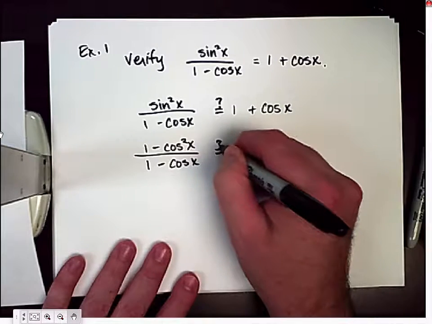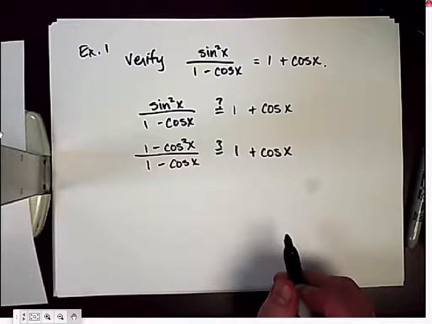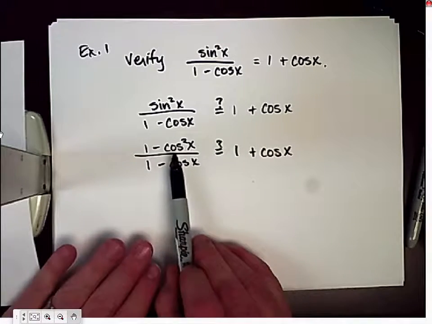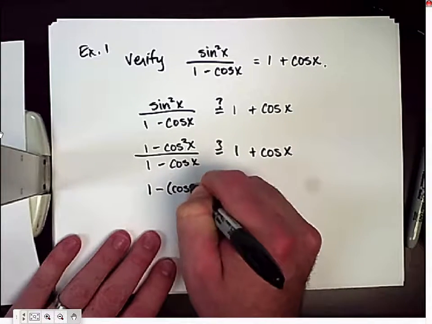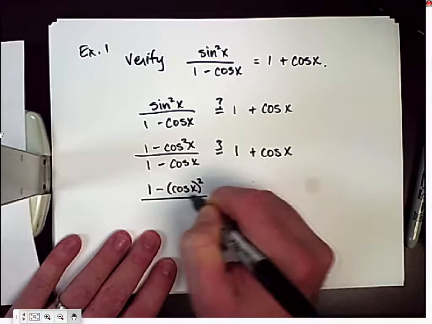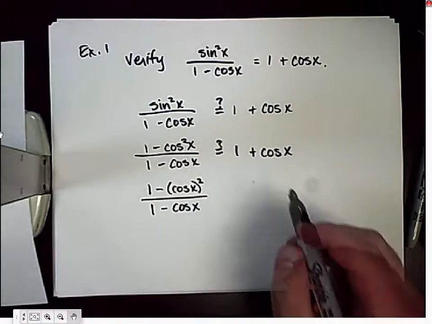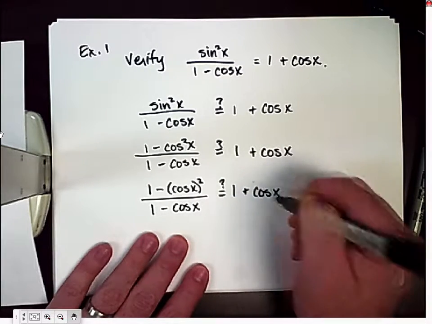Does that equal 1 plus cosine x? Well, a lot of times when you're working it, I would write cosine squared as this. Does that equal 1 plus cosine x?